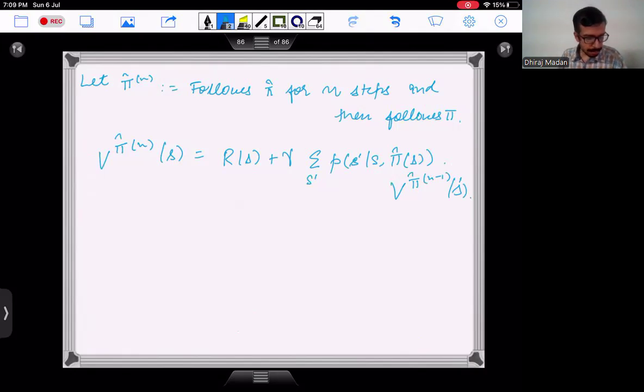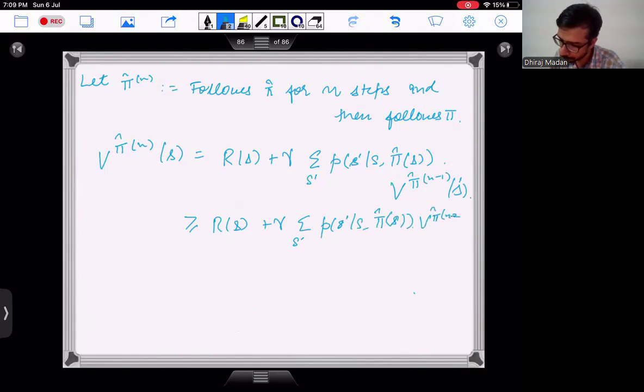Now by the induction hypothesis, v pi hat n minus 1 of s prime is greater than or equal to v pi hat n minus 2 of s prime. Therefore, this is greater than or equal to r of s plus gamma times the sum over s prime of p of s prime given s and pi hat of s, times v pi hat n minus 2 of s prime.